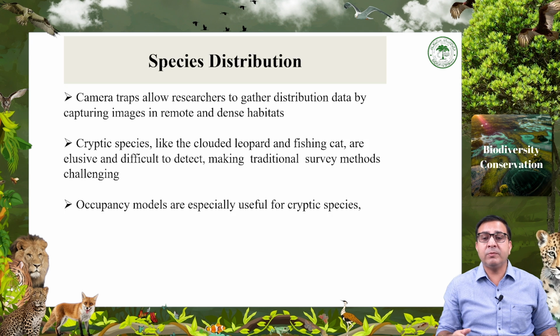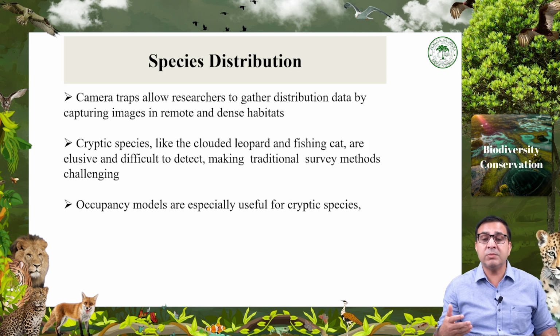Camera traps are invaluable for gathering distribution data, especially in remote and dense habitats, particularly where cryptic species like clouded leopards and fishing cats are likely to hide, because otherwise, by means of traditional methods, we cannot explore the habitats of species like the fishing cat and the clouded leopard, which are very cryptic and very elusive.